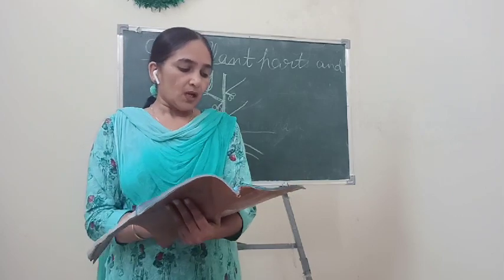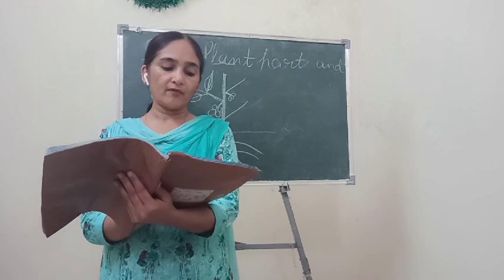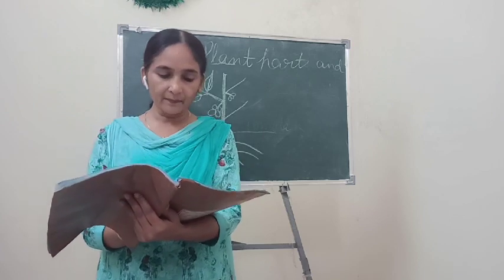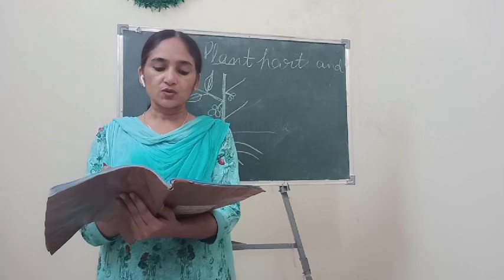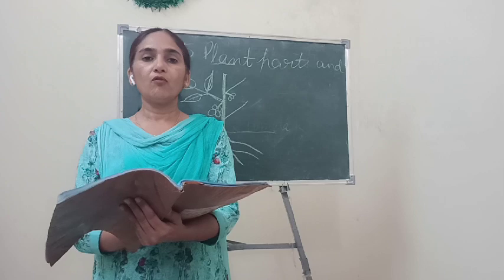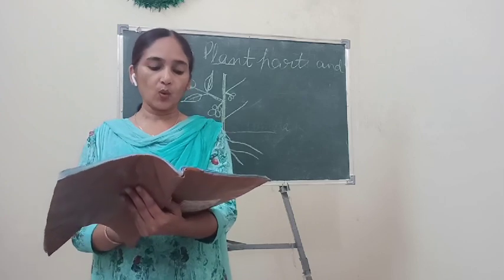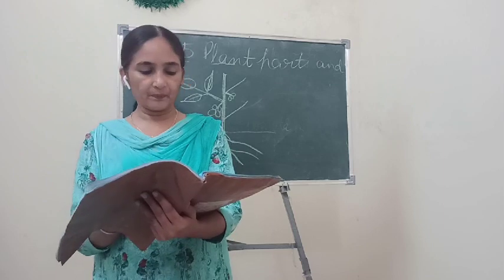Okay, so next what they have given: seeds have a baby plant inside them. They are sown in the soil. They get air, water and warmth in the soil and grow into seedling.